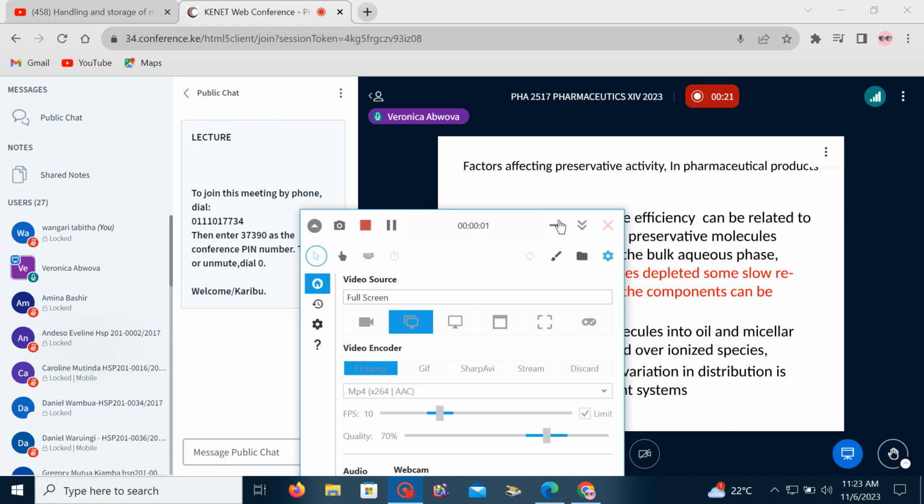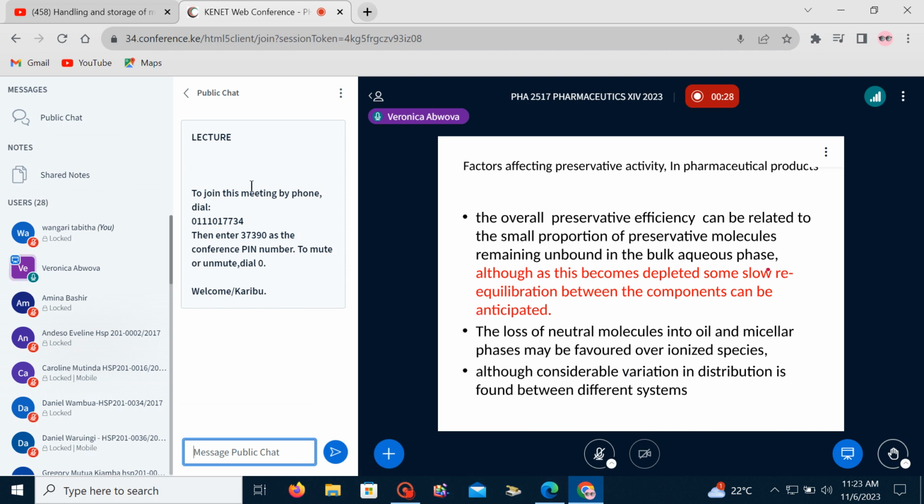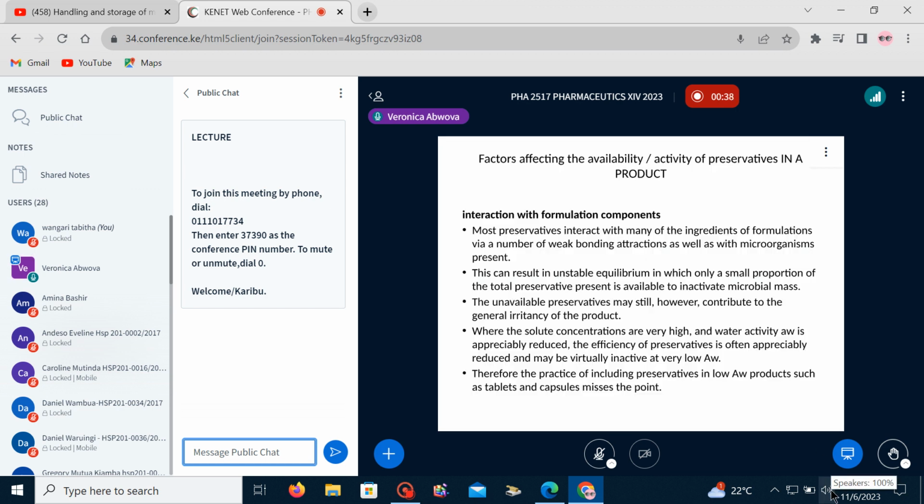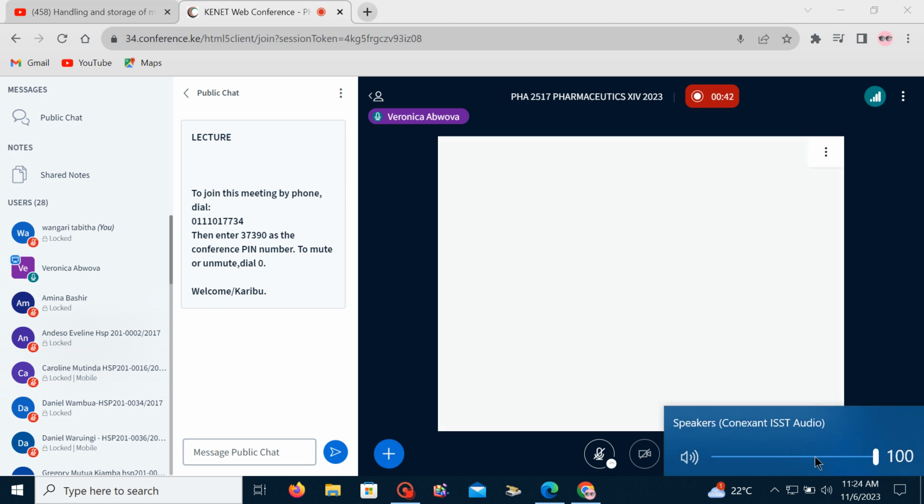I believe previously we'd been looking at factors affecting the effectiveness of preservatives, okay? And we looked at different factors that would affect the availability of a preservative, okay?